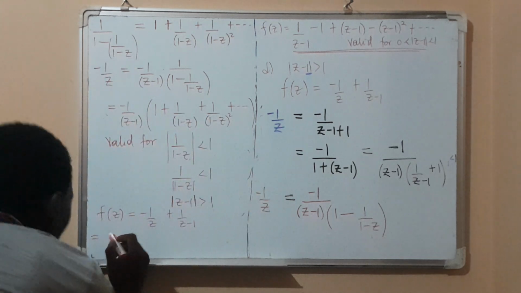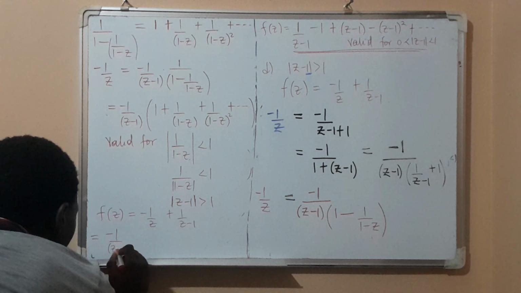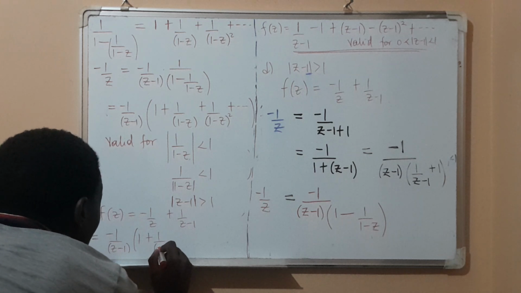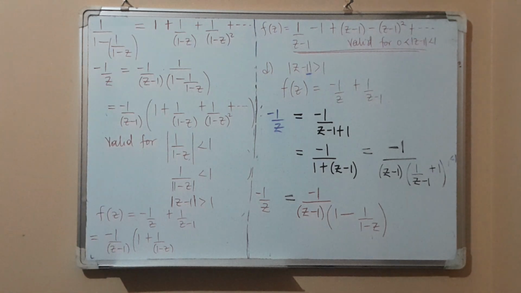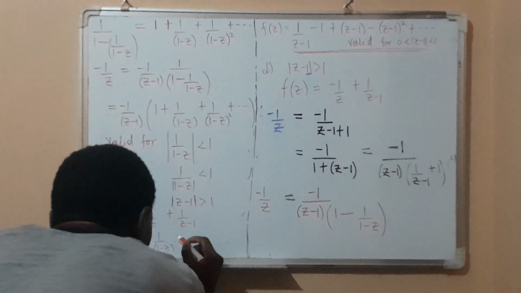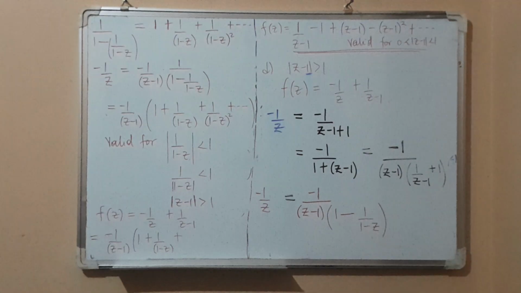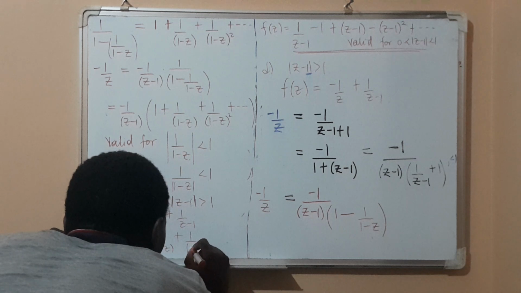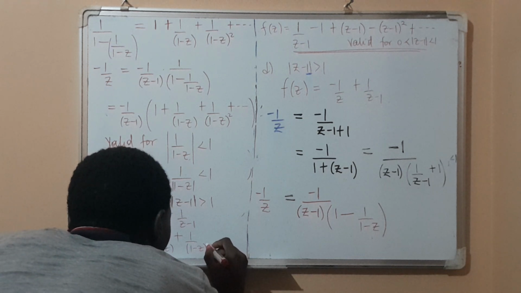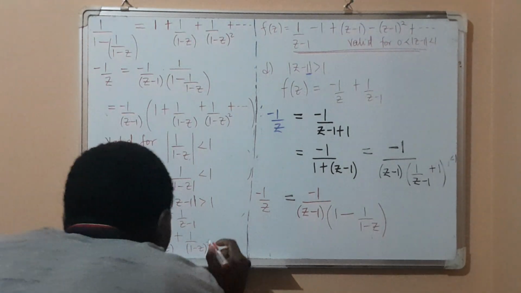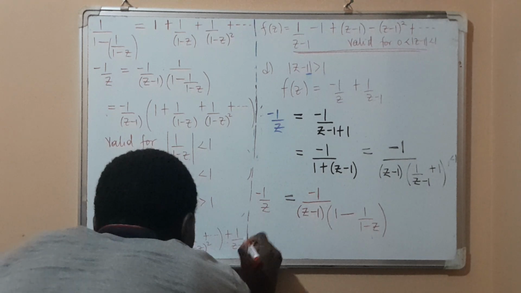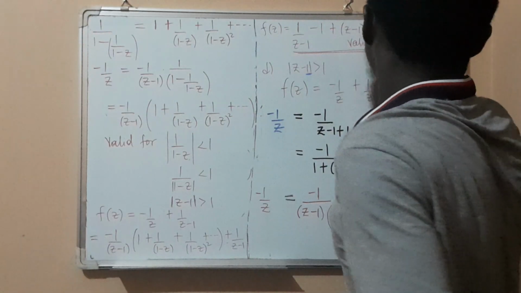So negative 1 over z is negative 1 over z minus 1, times 1 plus 1 over 1 minus z, plus 1 over 1 minus z squared, then plus 1 over z minus 1.